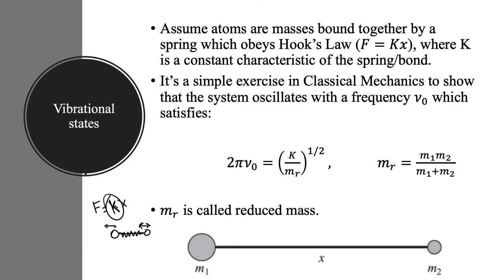Then with classical mechanics, you can show that the frequency with which these two weights oscillate is inversely proportional to the square root of this object called the reduced mass, and proportional to the square root of k of the spring. Notice once again we have our good old friend pi that shows up here. So you have this oscillation, and there's a way to characterize it.